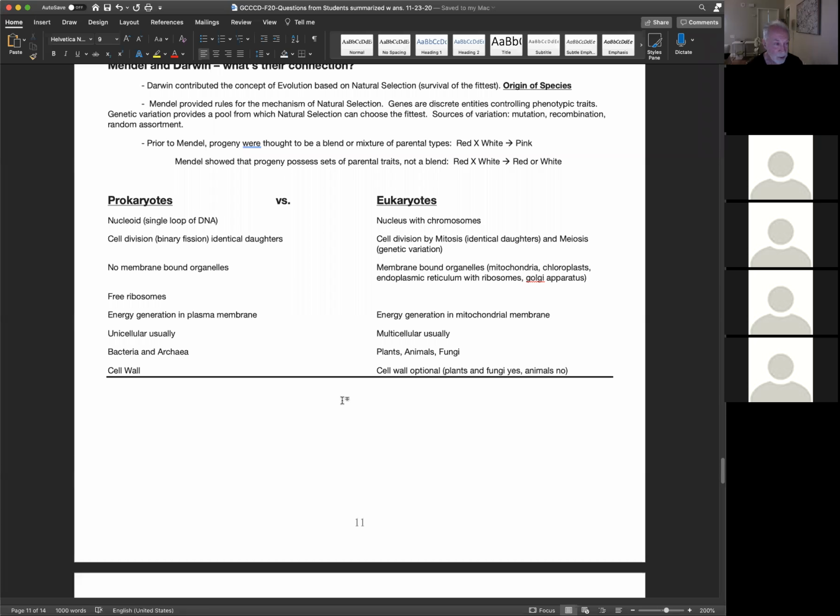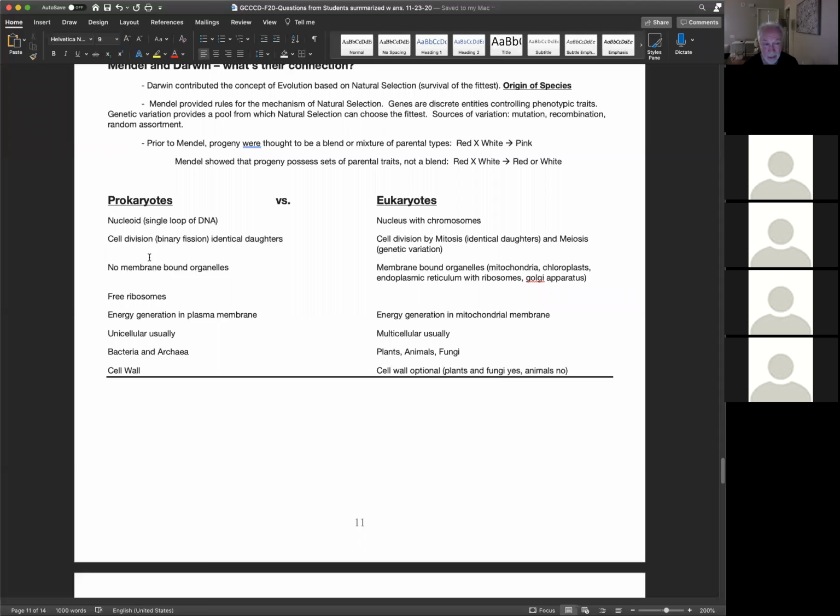Someone asked, what's the difference between a prokaryote and a eukaryote? Well, there are quite a few differences, and some of them are listed here, certainly not all. Prokaryotes don't have a nucleus. Prokaryotes do not have organelles of any type. So what do they have instead of a nucleus? They have what's called a nucleoid, which is simply a single very long loop of DNA floating in the cytoplasm, whereas eukaryotes have a nucleus with chromosomes.